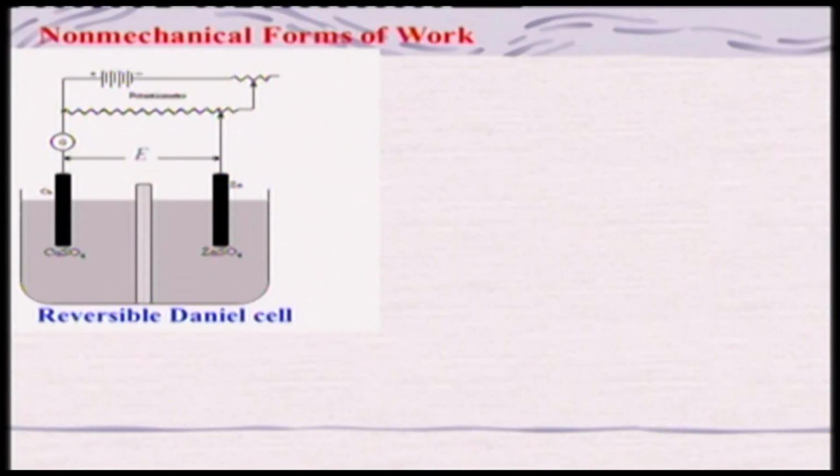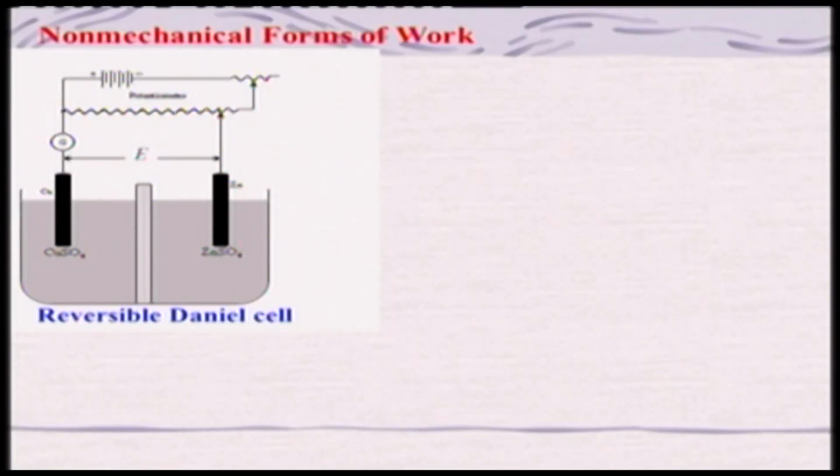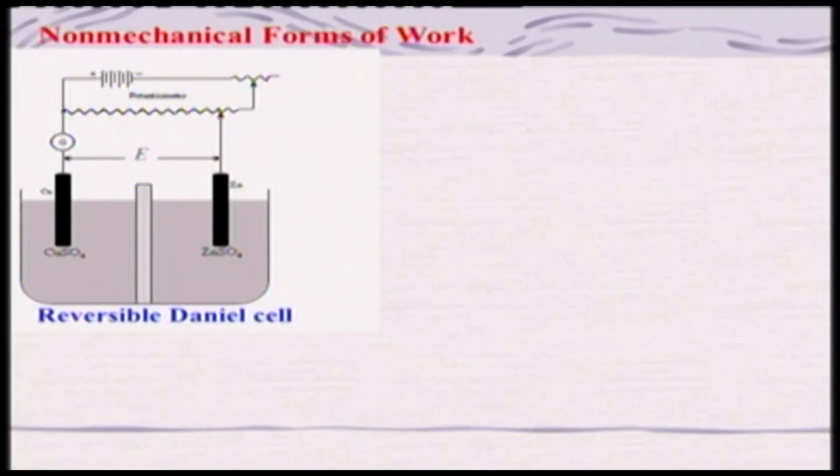It is in equilibrium, right? Let's say in the potentiometer you reduce the voltage by a very tiny amount. Then some charge will flow through this, and some work will be done. And if we do the other way around, increase this voltage, then more charge will come from here and current will flow through this, and there will be work done by the surrounding on the system.